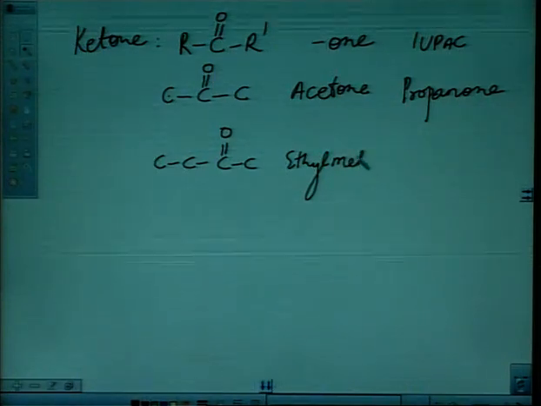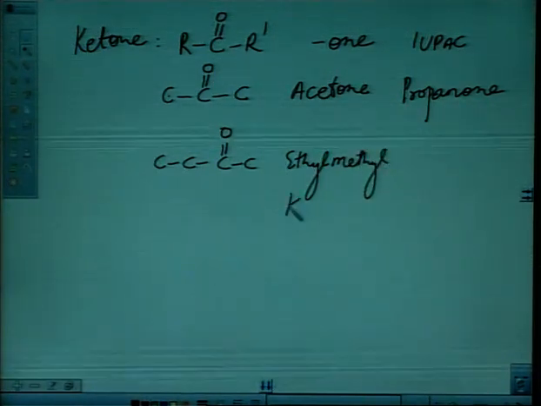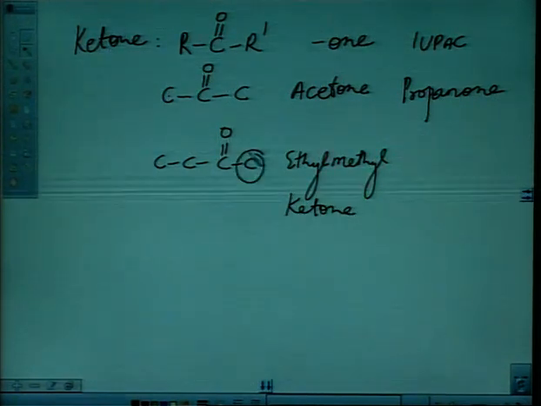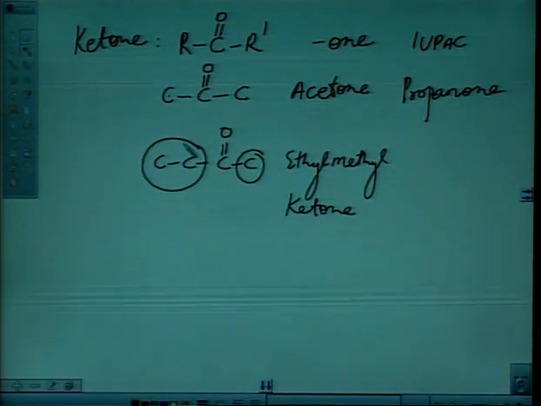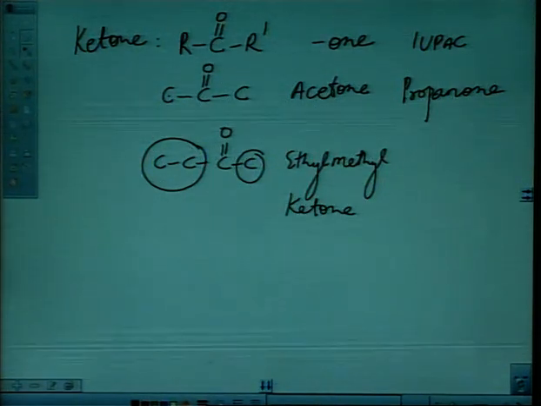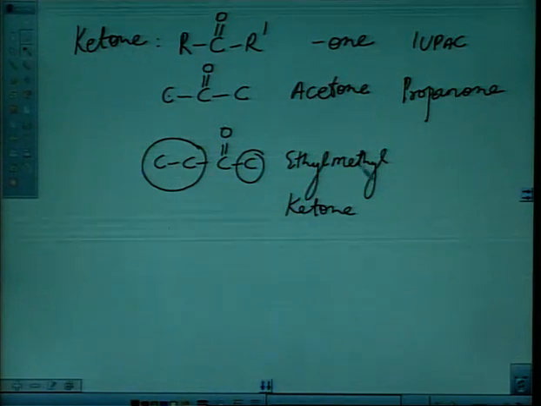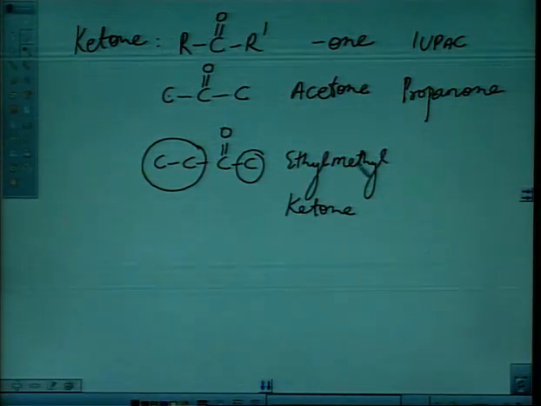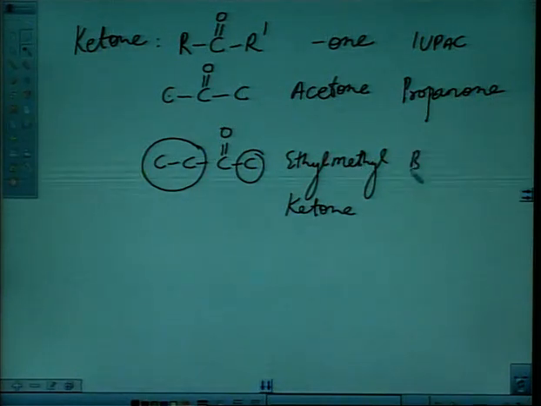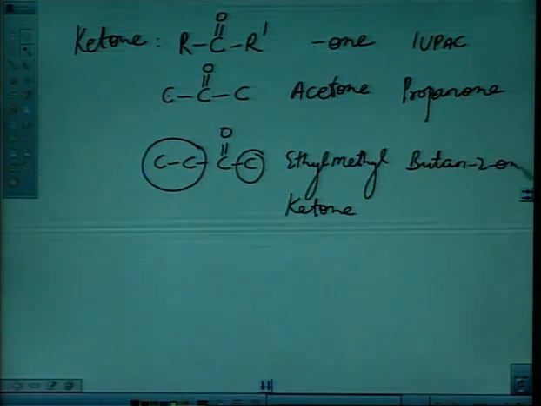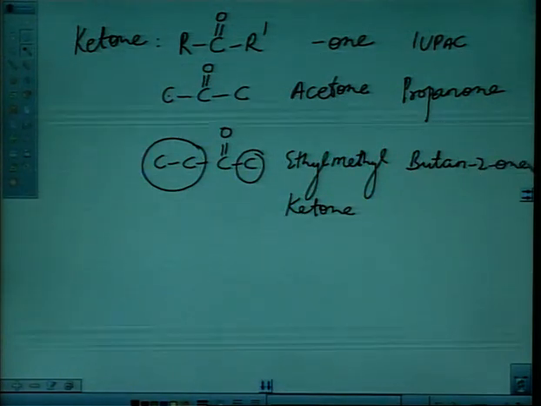Ethyl is placed before methyl according to alphabetical order. In the IUPAC name, for 4 carbons, it is butan-2-one, or butanone.